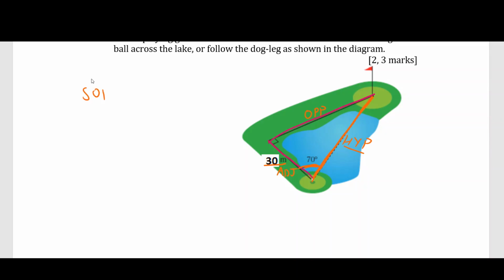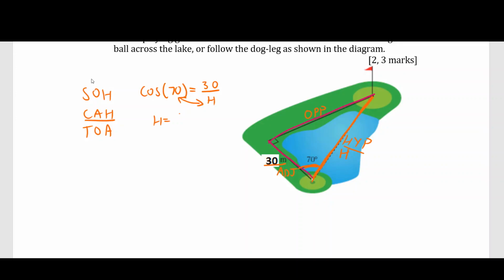So let's use SOHCAHTOA. We're told the adjacent is 30. The hypotenuse is what we need to figure out, so we're going to use cos. So cos of 70 equals adjacent over hypotenuse. That's going to be 30 over h, I'm going to call the hypotenuse just h to make it easy. Then these two switch positions.